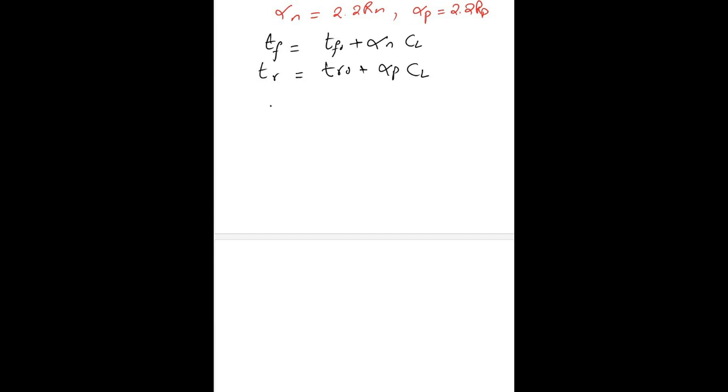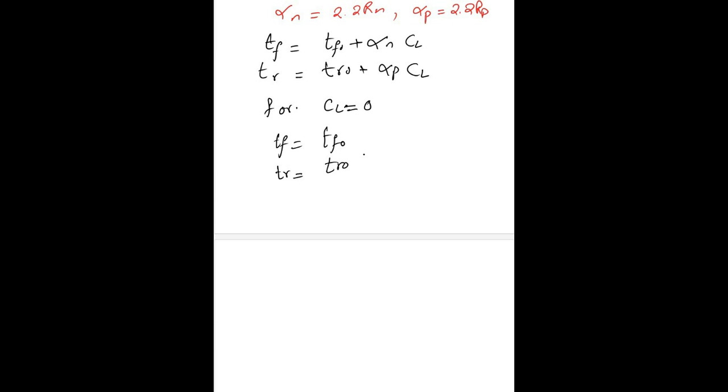For example, for the no load situation, where CL is equal to 0, TF would be equal to TF naught and TR would be equal to TR naught.